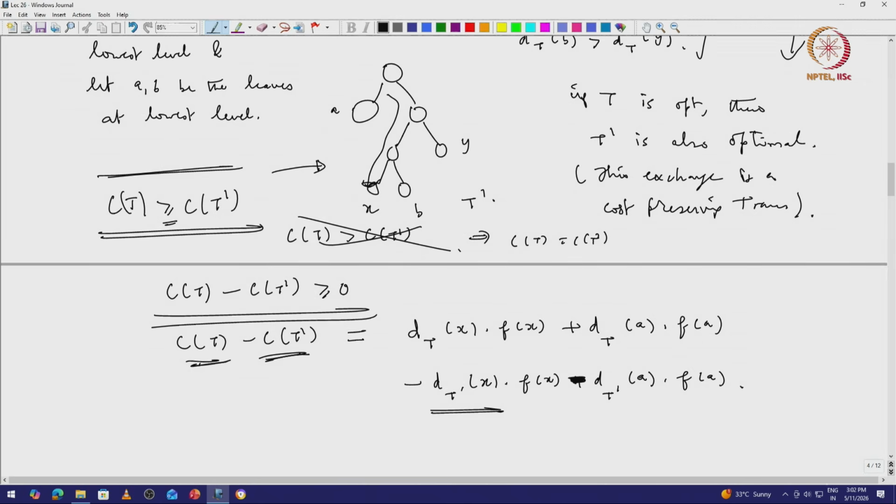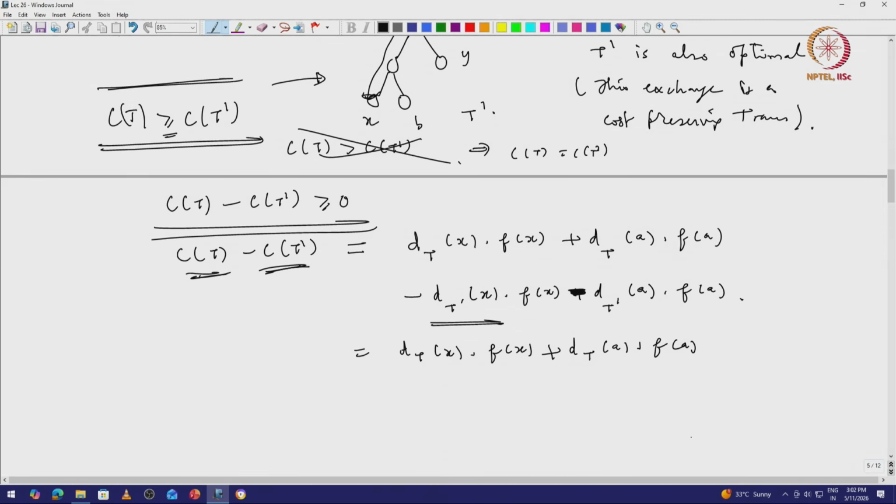Therefore, d T dash of x is nothing but d T of A. Therefore, this is equal to d T of x times f of x plus d T of A times f of A minus d T of A times f of x minus d T of x times f of A. So this term is replaced here and this term is replaced here.